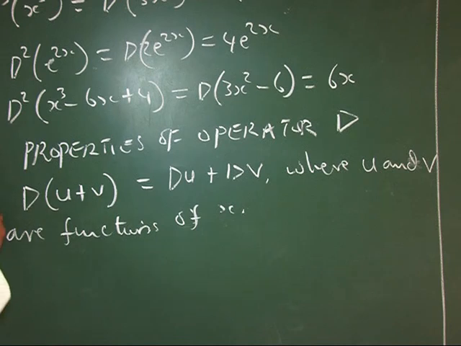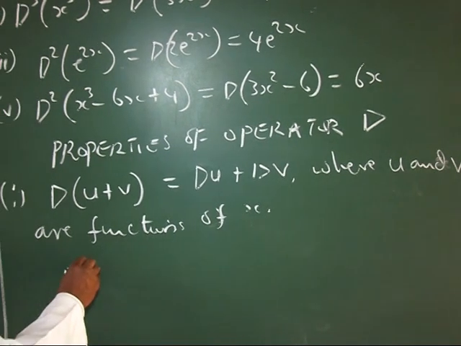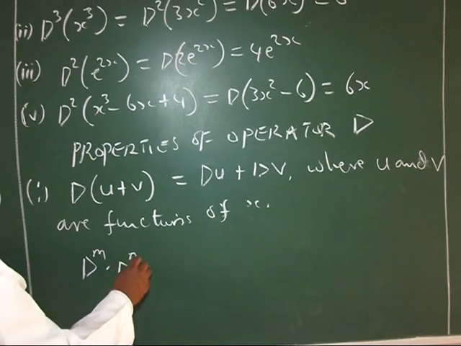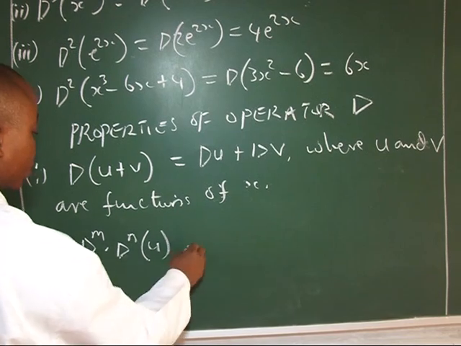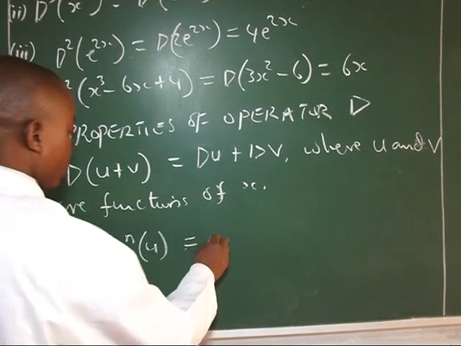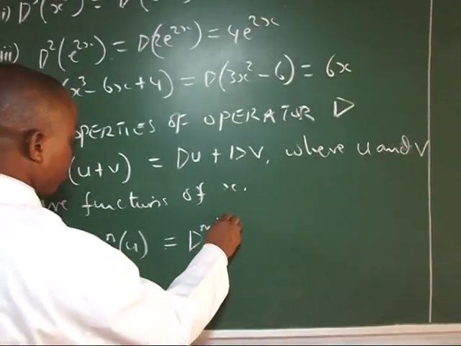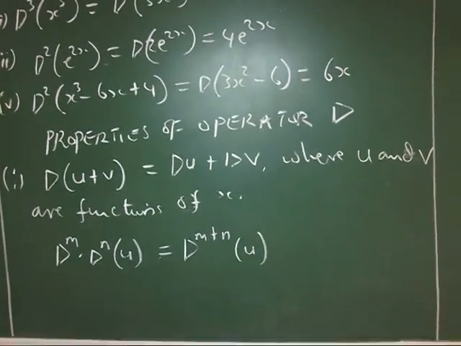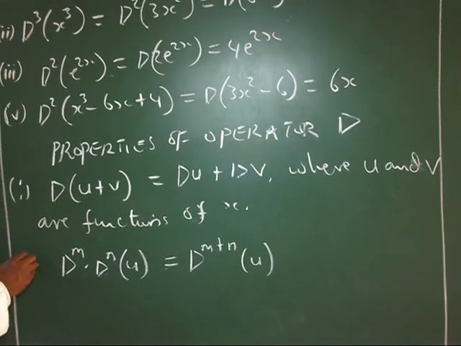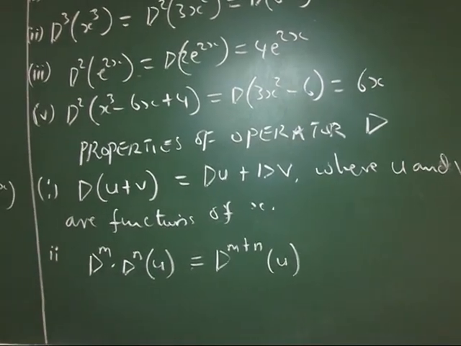That is one property. Another property is that if I have D^m times D^n of u as a function, it will be equal to D^(m+n) of u. That is another property. Property number 2.